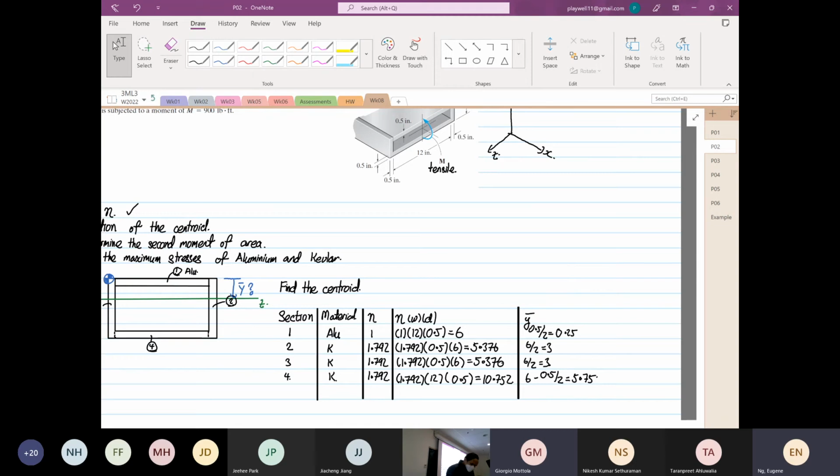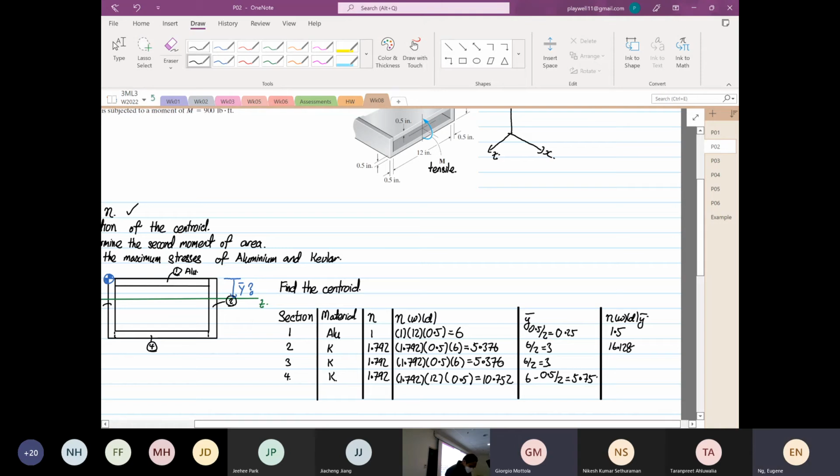we can determine our N A and our y bar. Okay, so 6 multiplied by 0.25, 1.5. 5.376 multiplied by 3, 16.128.